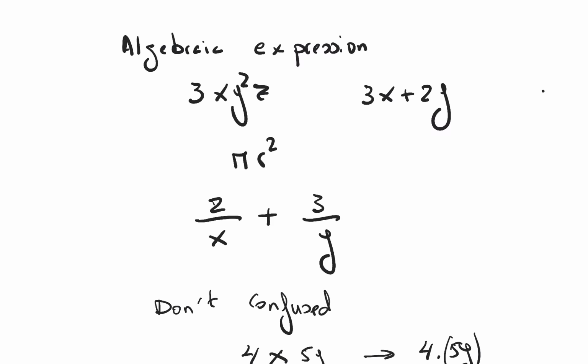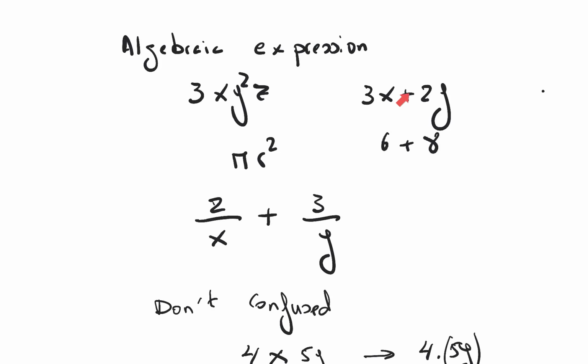An arithmetic expression is 6 plus 8. But this one is an algebraic expression. You see that when x takes the value 2, 3 multiplied by 2 is 6. When y takes the value 4, 2 multiplied by 4 is 8.